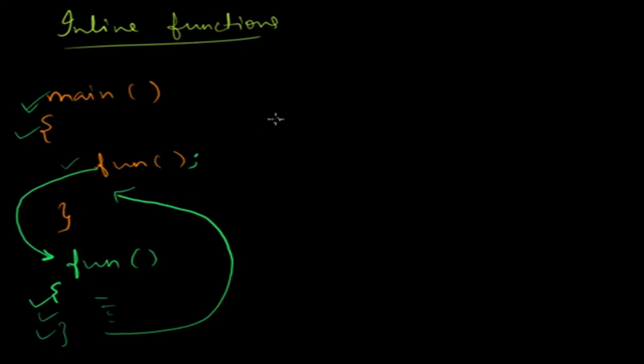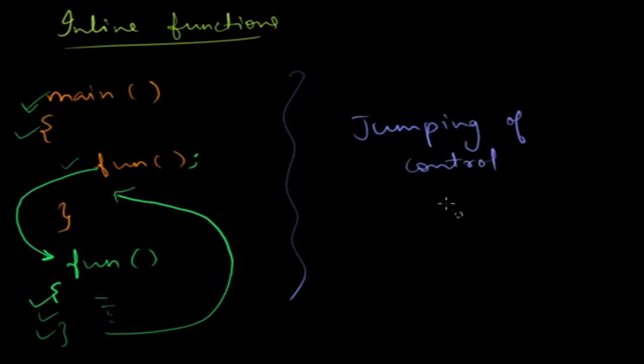It saves from where it is going and goes to that function, executes, completes that function, and comes back to the return address. Now this is by default. Normally this happens, and this involves actually jumping off control, right? Now jumping off control takes time, because you have to save a return address, you have to transfer your control to that function, then execute and then return to your calling function, your old function. So this takes time.